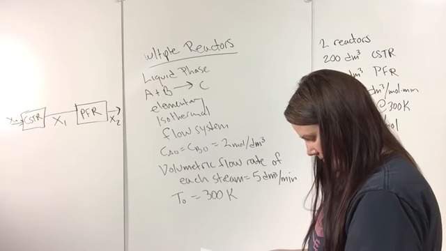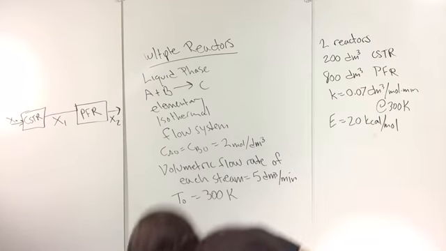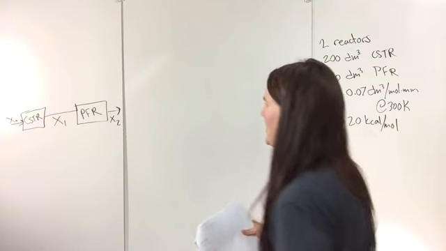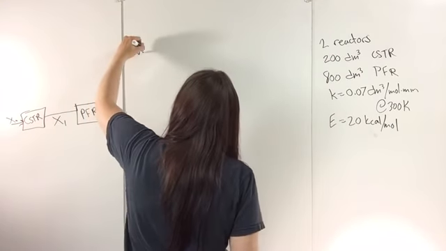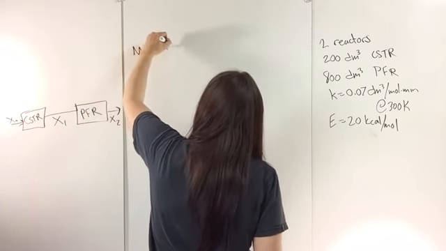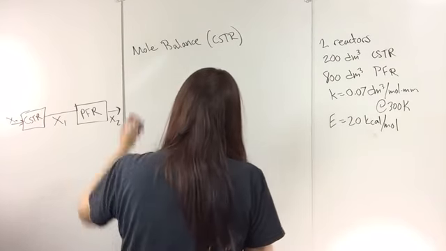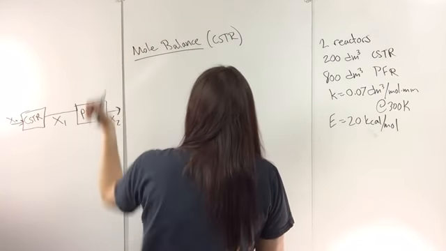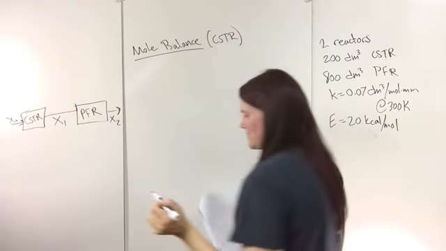So I'm going to erase some stuff real quick. The first thing you want to do is a mole balance on the CSTR. And we want to write this in terms of conversion because that's what we're working with and looking for.